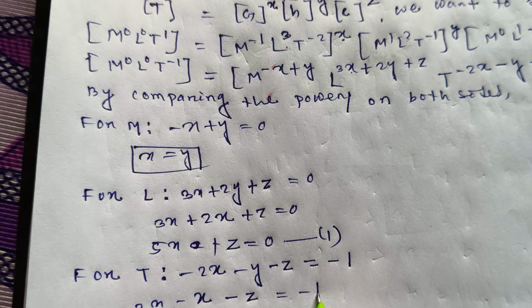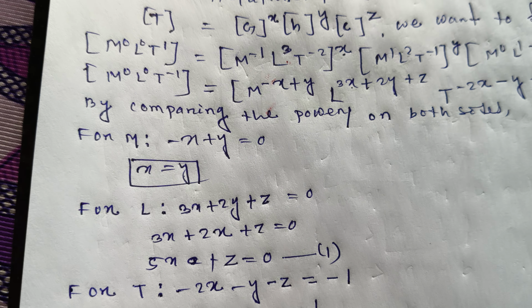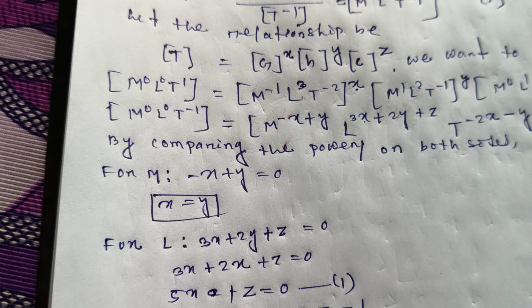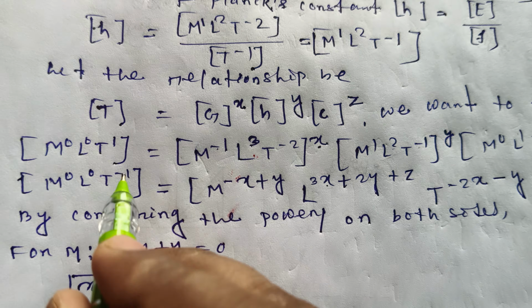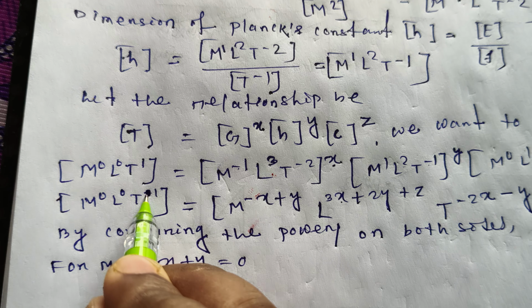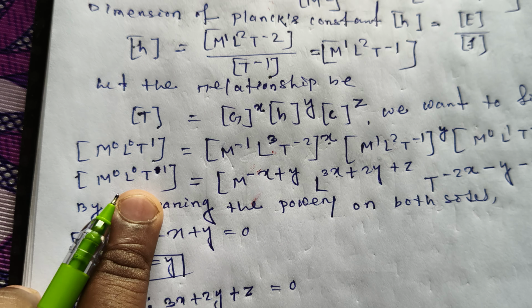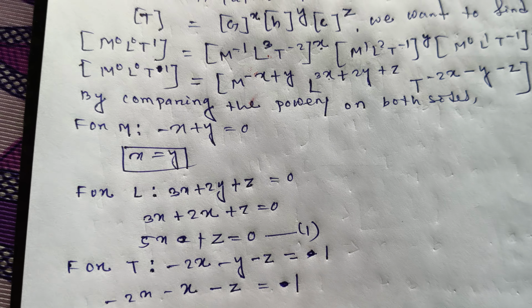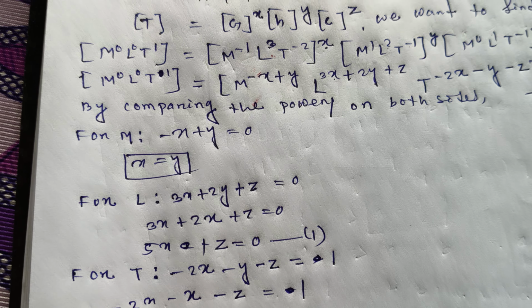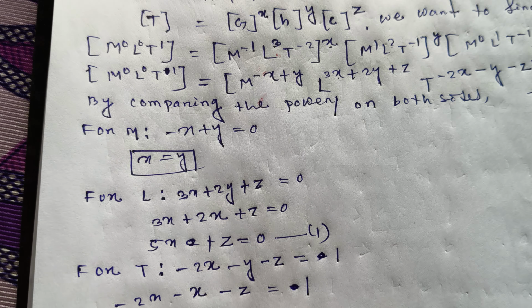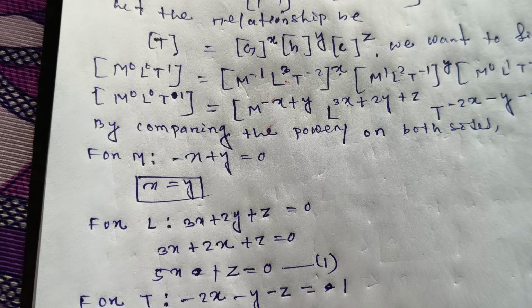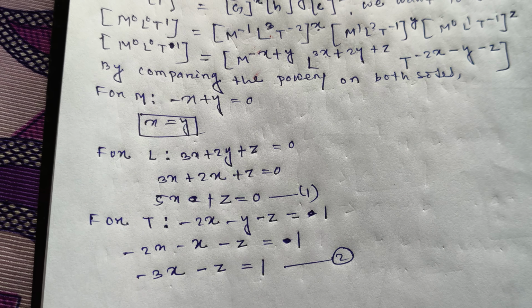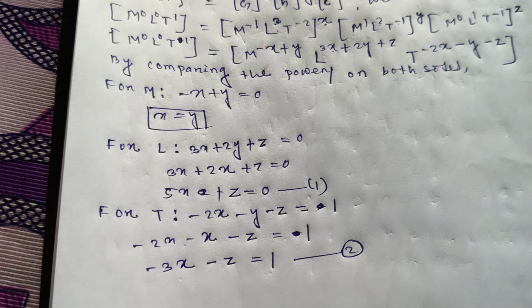Sorry, the t power is 1, not minus 1, here 1. So that is 3x minus z is equal to 1. Let this be equation 2.